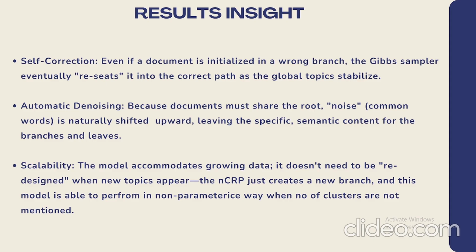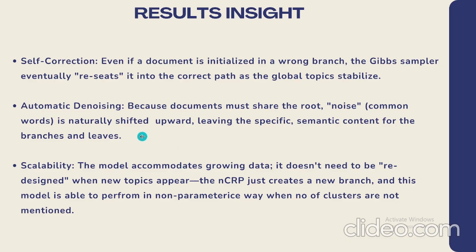Even if the document is initialized in a wrong branch, the Gibbs sampler eventually resets it into the correct path as the global topic stabilizes. Gibbs uses some amount of iteration, let's say 10,000 iterations, to get stability, and once it stabilizes, it gives the correct result.